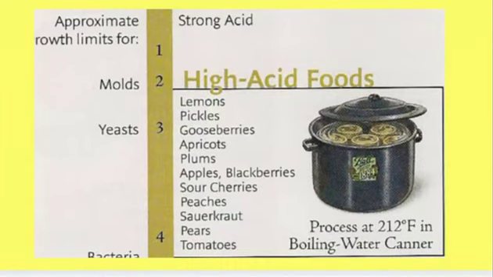Let's take a better look at the upper portion of this scale. When it comes to the molds and the yeast that develop on high acid foods, this upper portion of the scale depicts food placed in jars inside of a canner, filled with water, coming to a boil, and eventually reaching 212 degrees for processing.